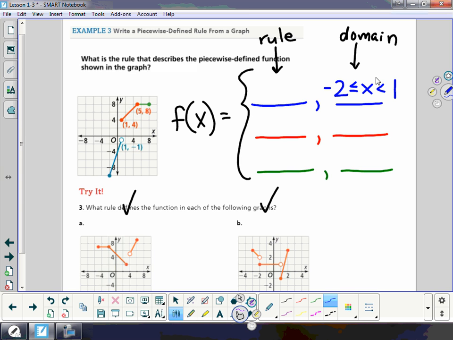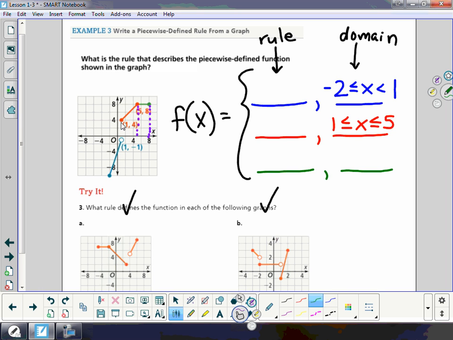Next, let's do the domain for the red. The red goes from an x value of 1 to an x value of 5, including 1 and 5. The green piece goes from an x value of 5 to an x value of 8.